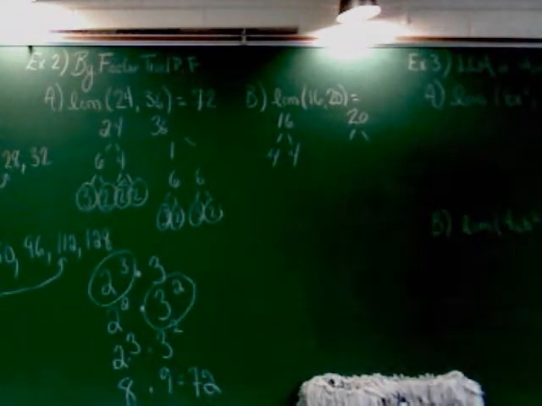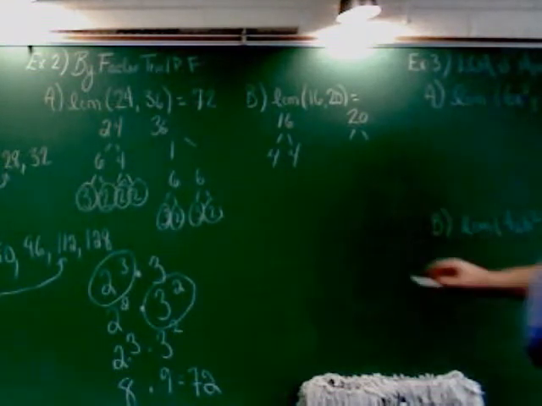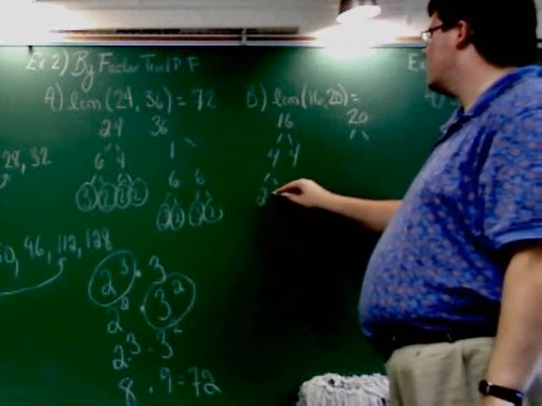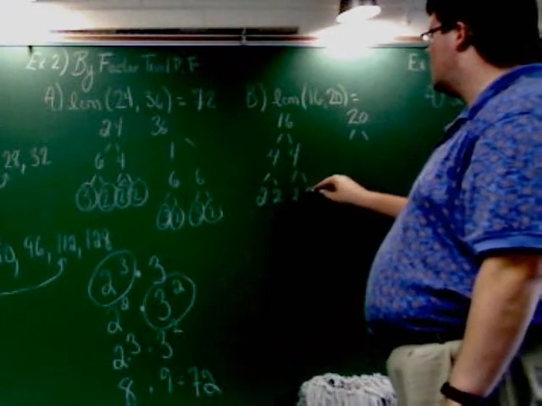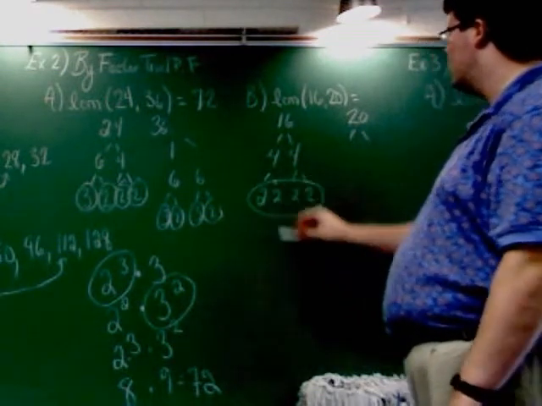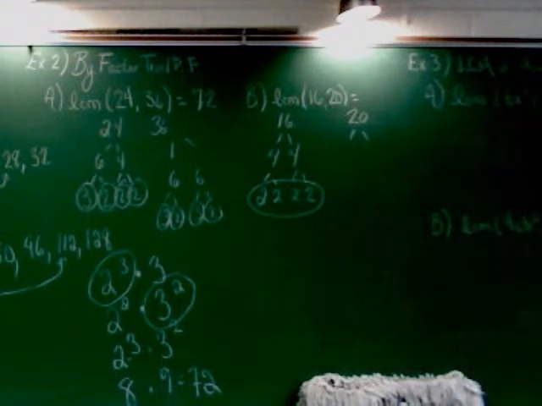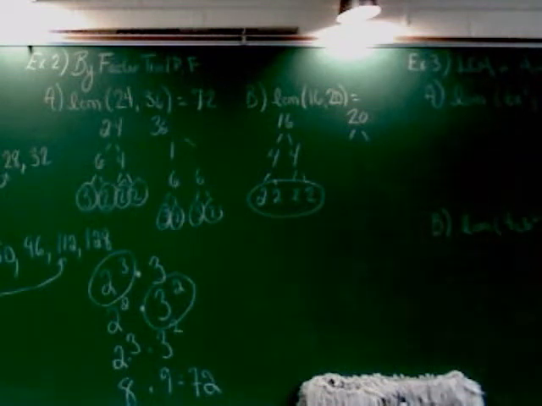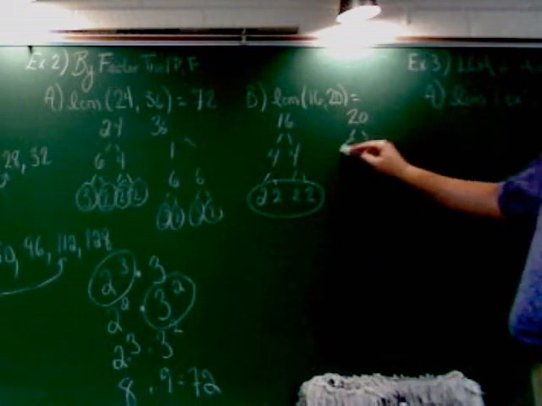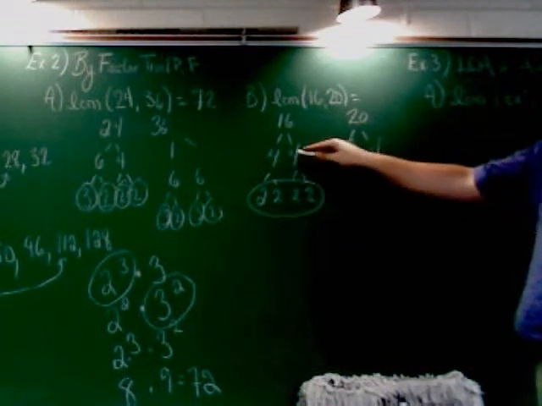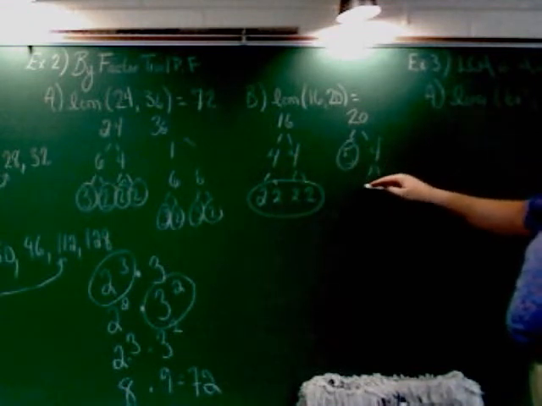Ashley, how's 4 going to break down? 2 and 2. All right. Break down 20. Jackson. 5 and 4. Now, 5 is prime, but 4 isn't. But we just said over here that 4 is going to break down as 2 and 2.